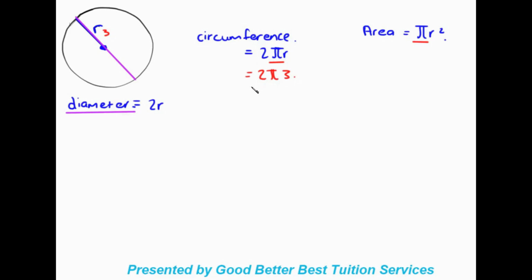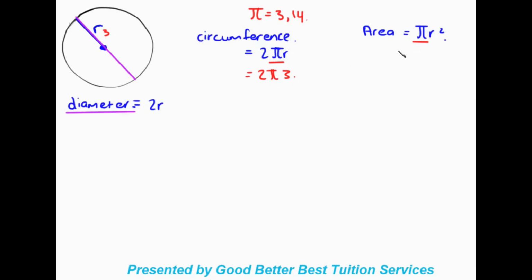If you, however, are not allowed to use a calculator in your tests, pi, we generalize it to equal 3.14. So, very important to note, pi is on your calculator, so you can just say 2 pi times whatever your radius is.